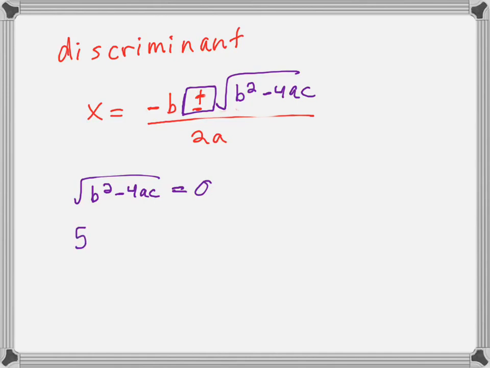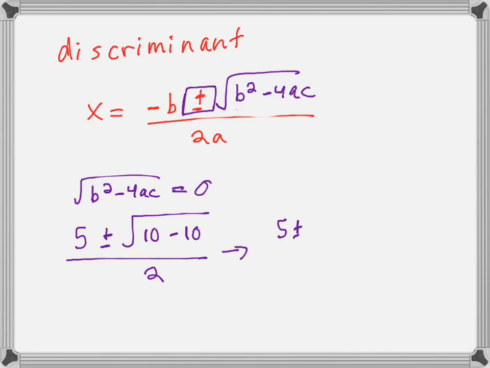If we have like 5 plus or minus root 10 minus 10 all over 2, and this is not accurate, but just go along with me here, then this becomes 5 plus or minus root 0 over 2, which just becomes 5 over 2, because the plus or minus is gone, because if you're adding and subtracting 0, there's really no difference. So if the discriminant right here is equal to 0, we're only going to have one root.